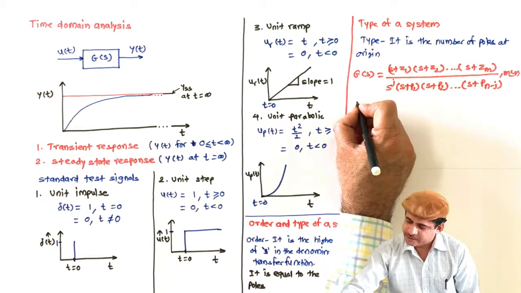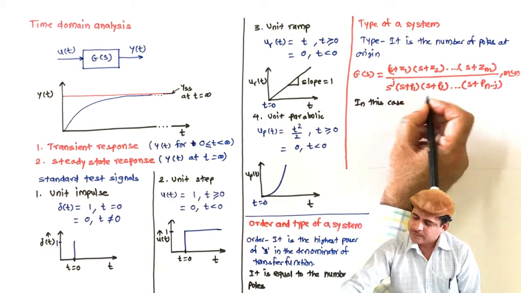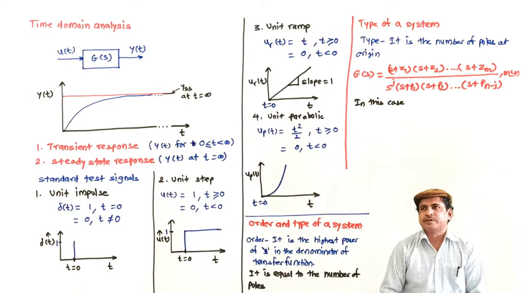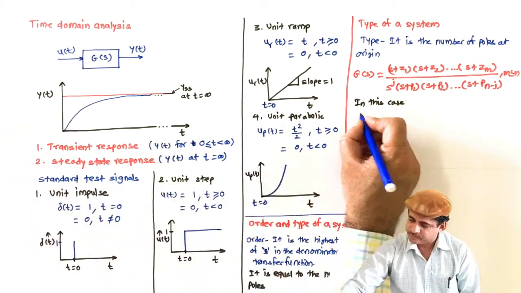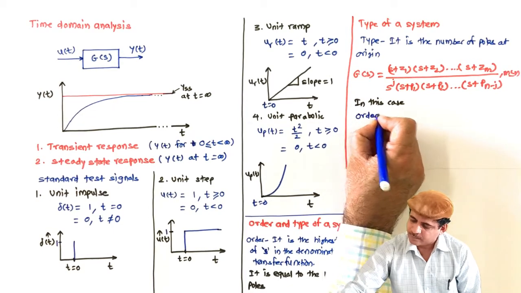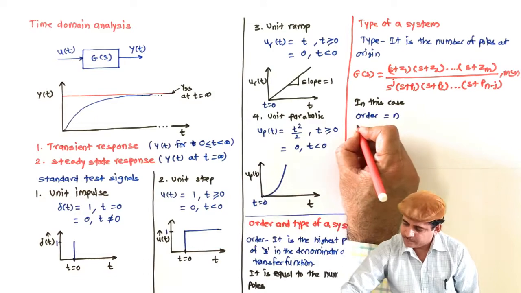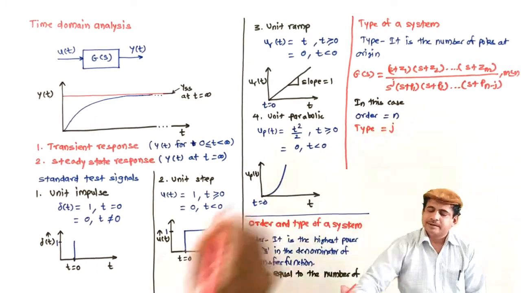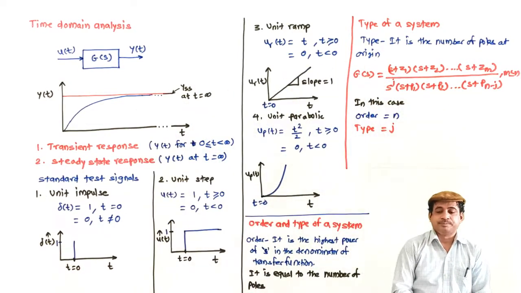So in this case, how many roots are there? n minus j plus j poles at origin, so n poles. So order is n, and type is equal to j. Why is type j? Because there are j poles at origin.